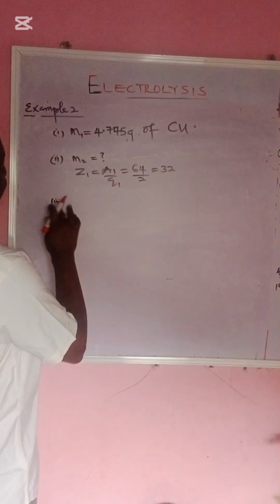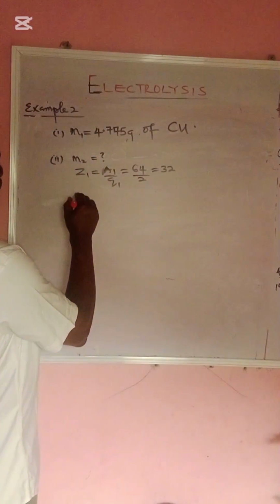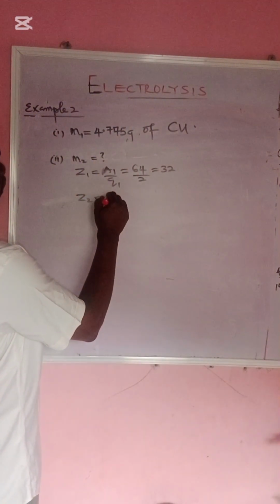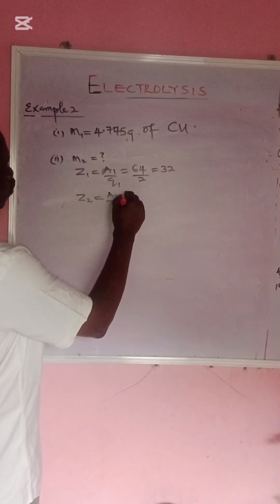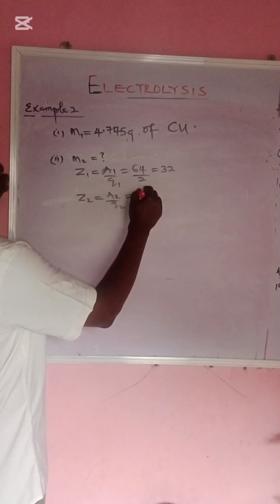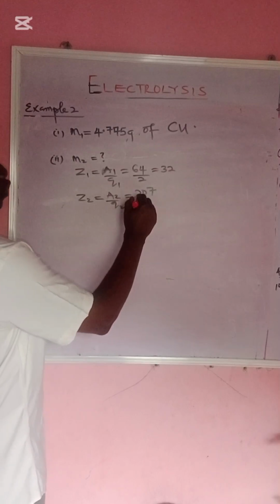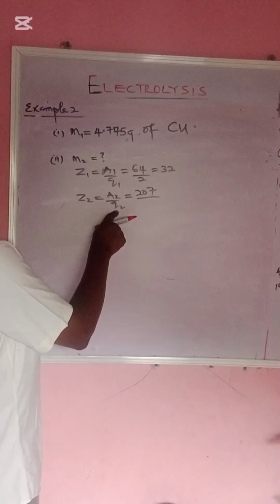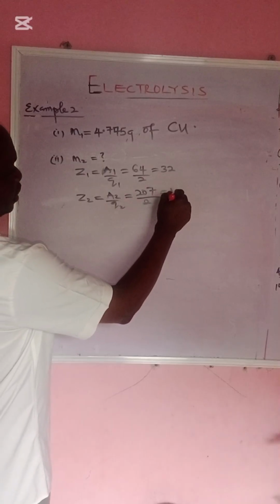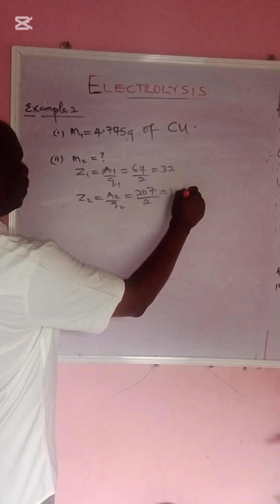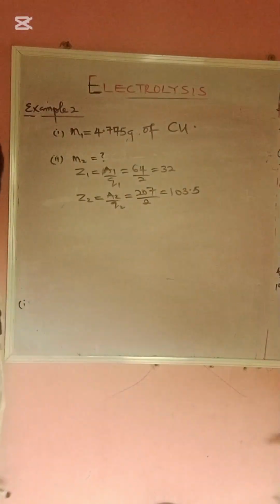So Z2 will be A2 all over Q2. So that of lead. Lead is given to be 207 atomic mass all over charge. Lead is also 2. So it will be 103.5. That's the chemical equivalent.